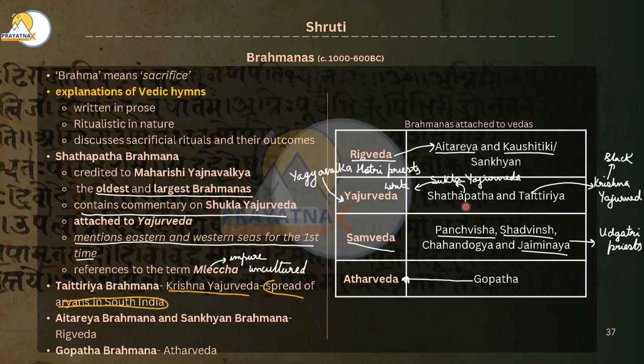Moreover, it also narrates the progress of culture from Kuru Panchala to Videha. Then, the Samaveda has three Brahmanas: Panchvisha, Shadvinsh, and Chandogya. Now, these were composed by Udgatri priests. Then, lastly, Gopat Brahmana is attached to Atharvaveda.